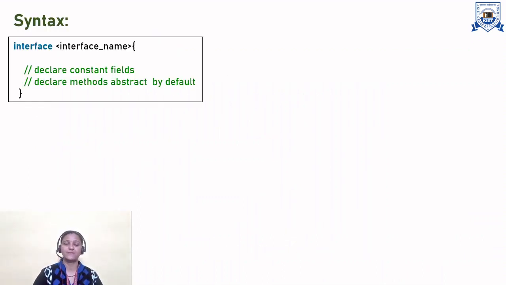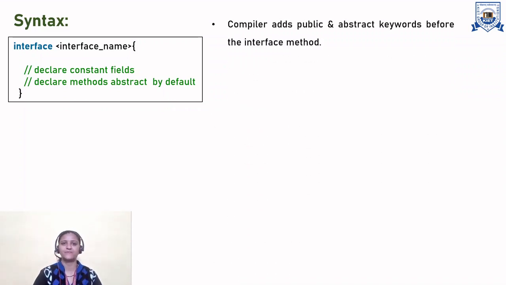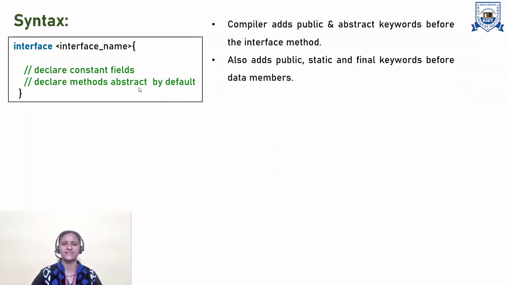Now the syntax: we will use the keyword interface followed by the interface name. Inside its curly braces, we will declare the fields, which are constants, and the methods, which are by default abstract. The compiler automatically adds the public and abstract keywords before the interface methods.